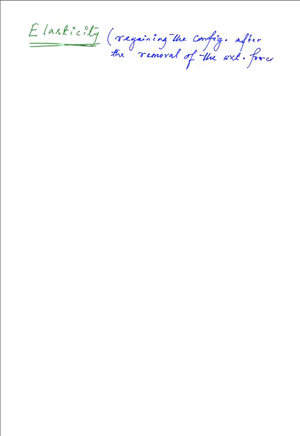So let me just write it for you over here: regaining of shape, regaining the configuration after the removal of the external force that is being applied. A certain force was applied, it changed the shape, but then the body regained its shape.